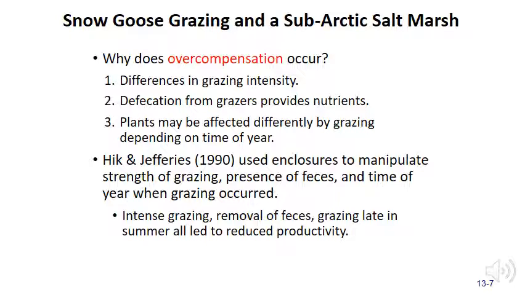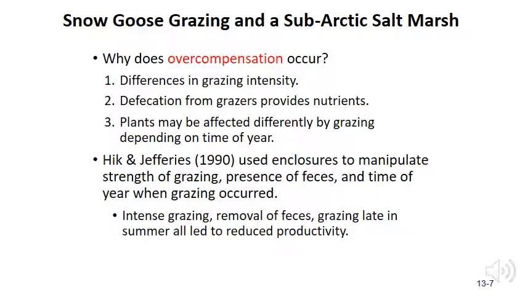And indeed, Hick and Jeffries, who conducted this work, then used those exclosures to manipulate a lot of other factors. So the strength of grazing, the presence of feces. In some cases, they put geese into the exclosures and then allowed them to feed but removed the feces.